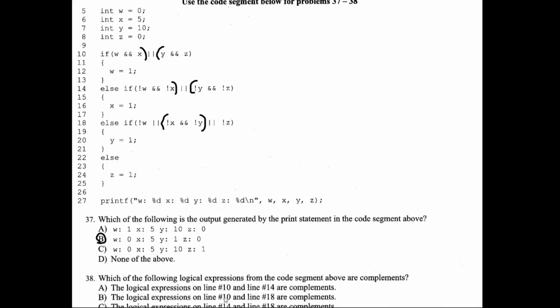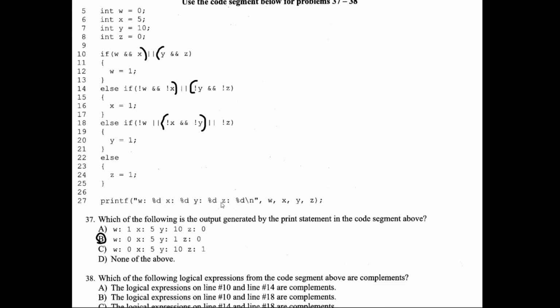Now it asks, are the logical expressions on line 10 and 18 complements? And we can see here that they do change it to not, and they do change the operators, but what they don't change is, again, the order of expression. You have to put these in parentheses to mimic the same order of operation that occurs in line 10.